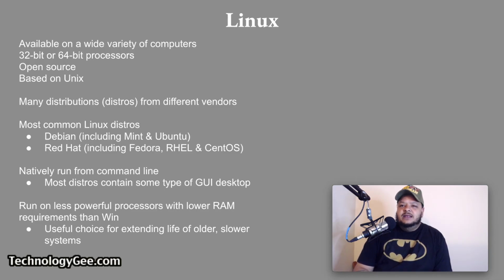The most common Linux distributions are those based on Debian, including Mint and Ubuntu, and Red Hat, including Fedora, RHEL, and CentOS. Linux is natively run from the command line, but most distros contain some type of GUI desktop. Linux can run on less powerful processors with lower RAM requirements than Windows, which makes it a useful choice for extending the life of older, slower systems.